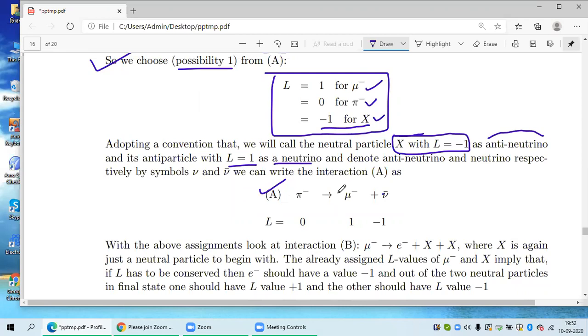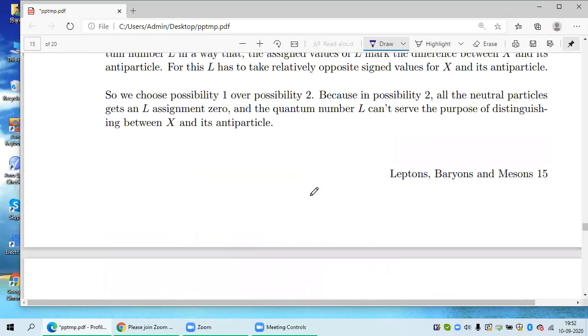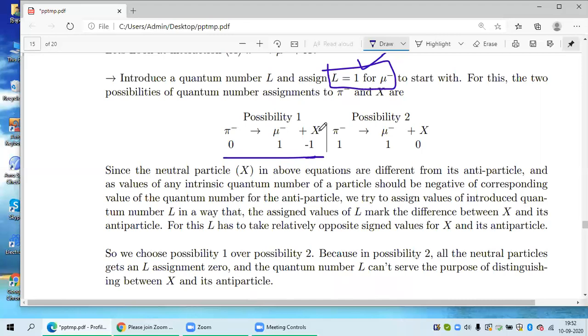Clear? Conventionally we call those with a minus 1 quantum number antiparticles.